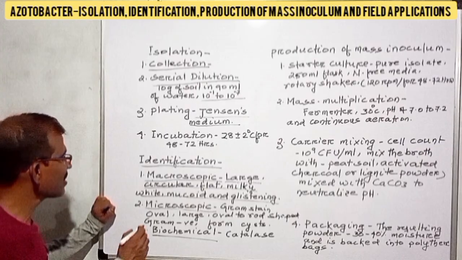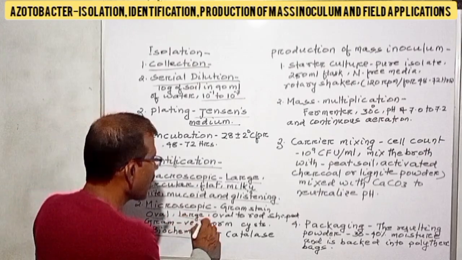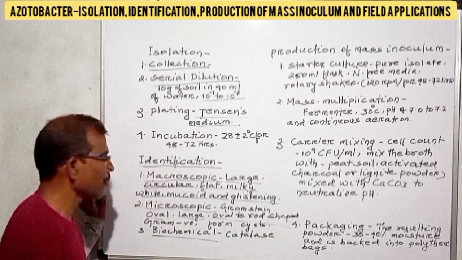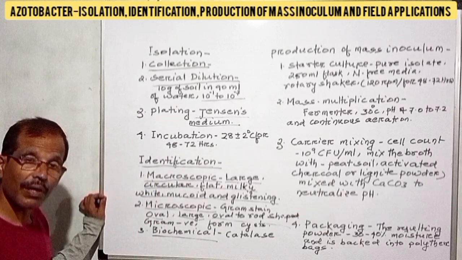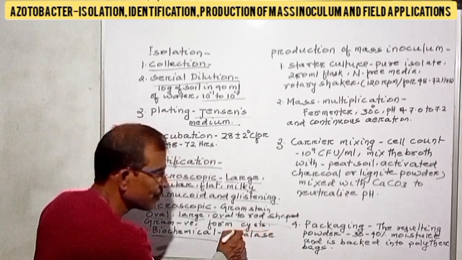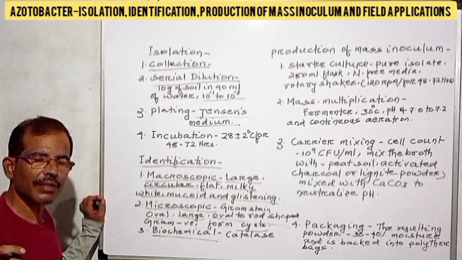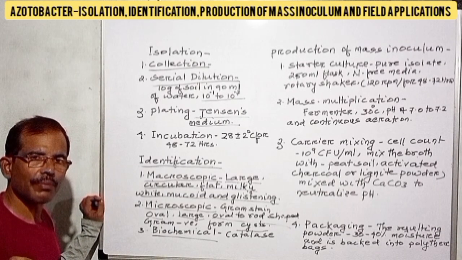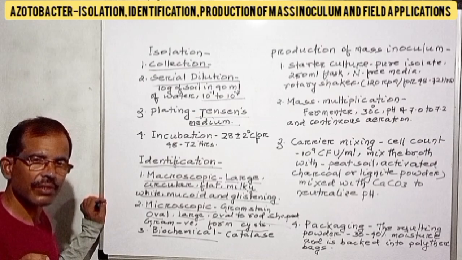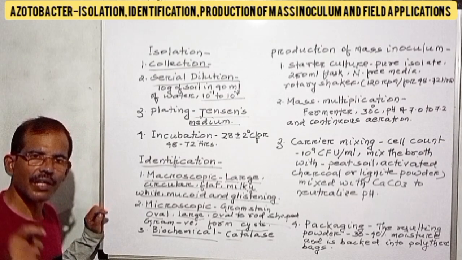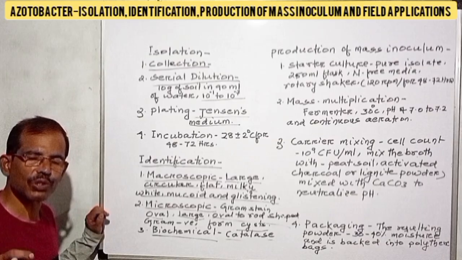Microscopically, the cells are oval, large, sometimes oval to rod shaped, and they often form cysts. Biochemically, azotobacter can be identified by the catalase test, which gives positive result that leads to the release of hydrogen peroxide in air bubbles.